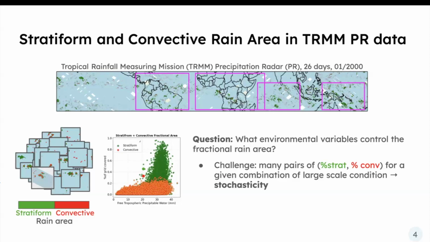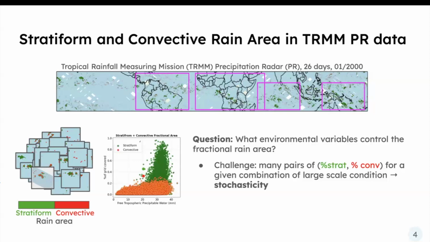The challenge that you can already see is that this process seems to be very stochastic. That means that for a given large scale condition, you may get really different combinations of these two variables, a large variability in how large the coverage of your rain area is. So the process is stochastic, and we need to think of a way to model that.